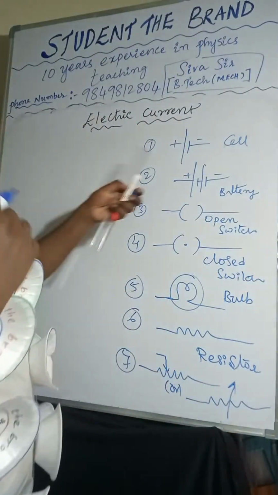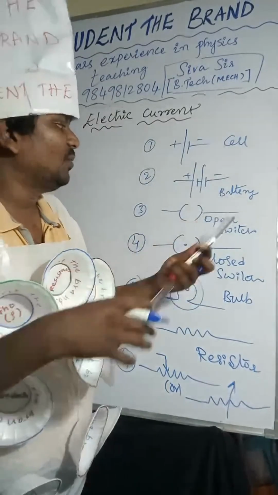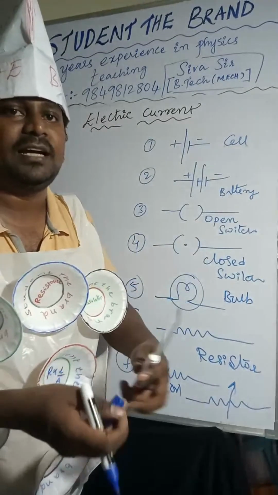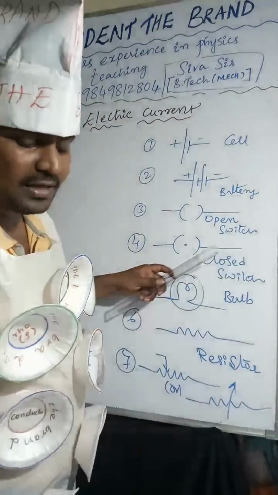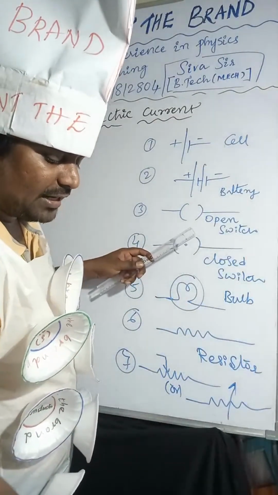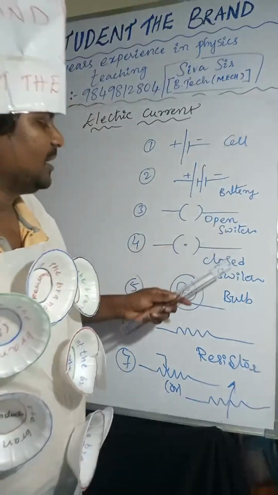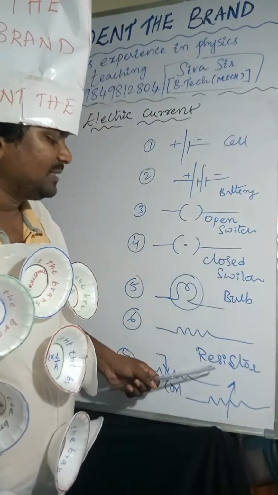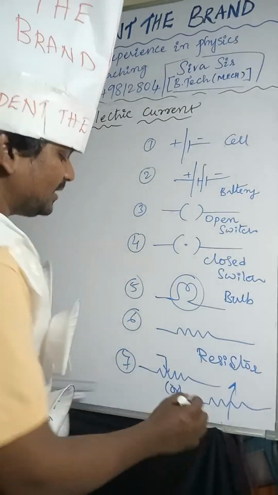Here I am considering the cell, battery, open switch and closed switch. If the dot is there, that is a closed switch. If the dot is not there, that is an open switch. This is the bulb, this is the resistor, and this is the rheostat.